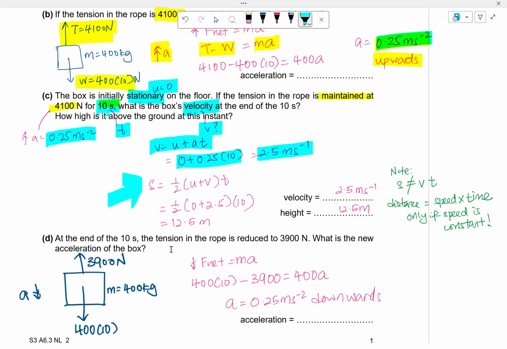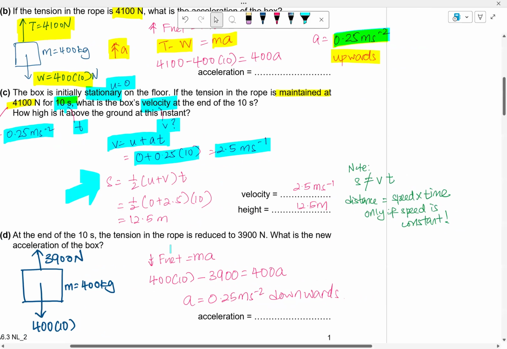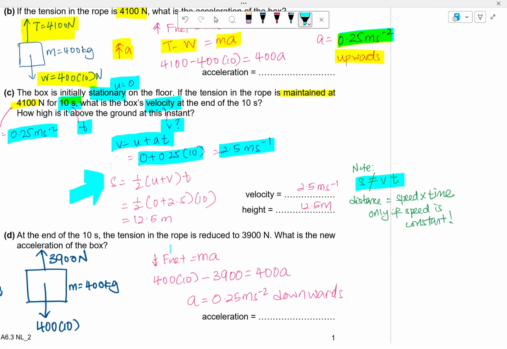A handful of you did distance equals speed times time. Take note that this is not applicable for this question, because the speed increased from an initial velocity of 0 meters per second to a final velocity of 2.5. So it's not a case of constant velocity, right?